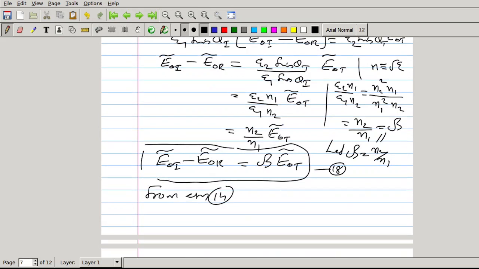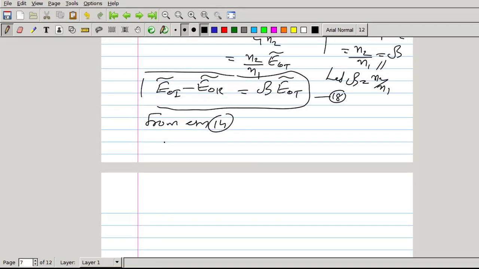So cos theta I into E0I plus E0R, since cos theta R is the same as cos theta I, is equal to cos theta t into E0t.